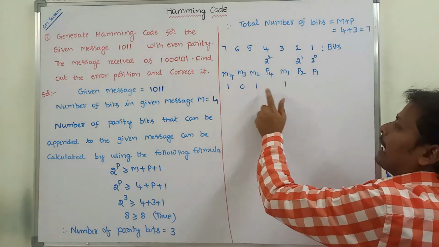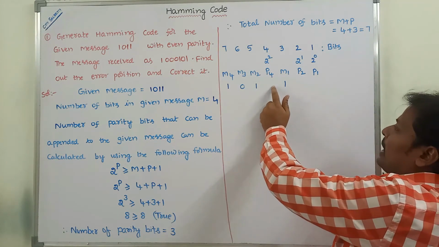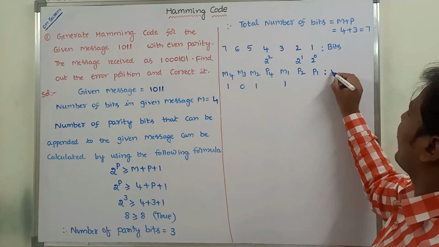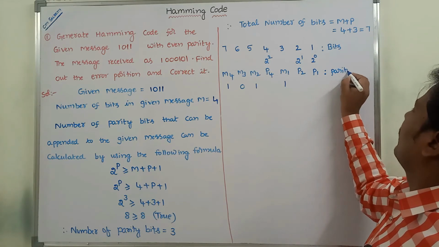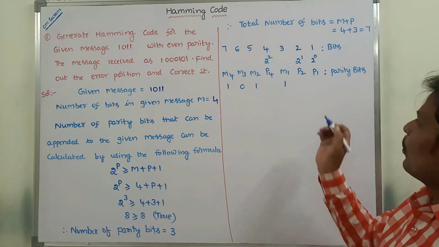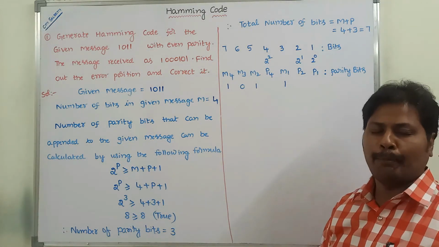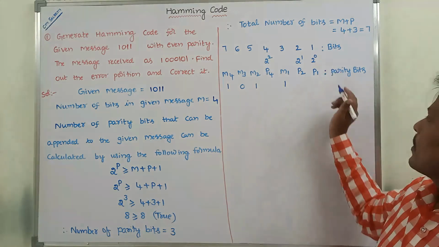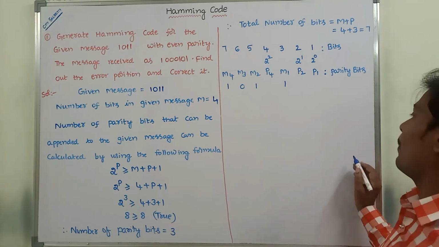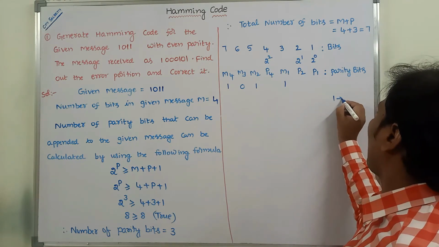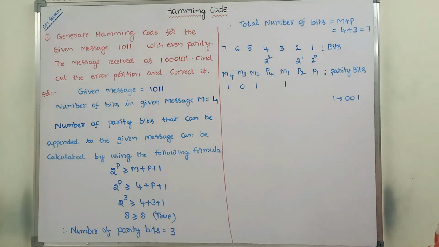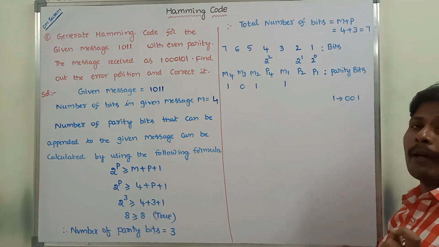Once we have located the message bits, now we have to calculate the parity bits. Now we have to find out the parity bit values. Each position can be represented in binary form. 1 can be written as 001, in 3-bit binary, because 3 parity bits are there.